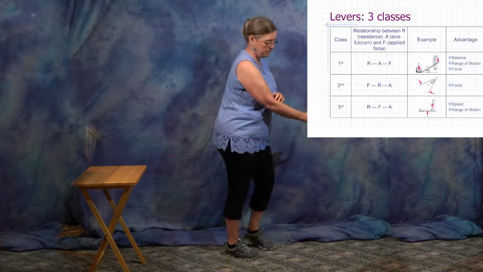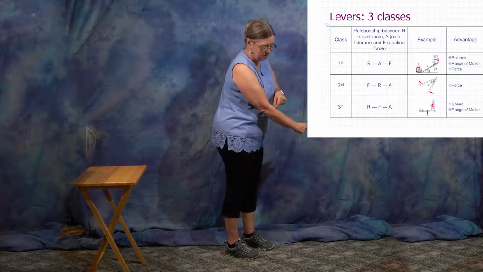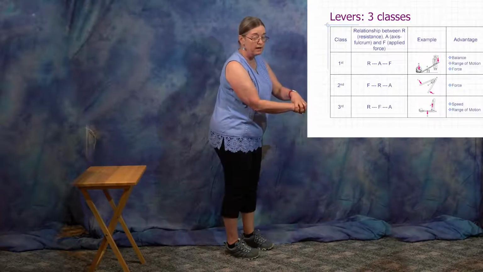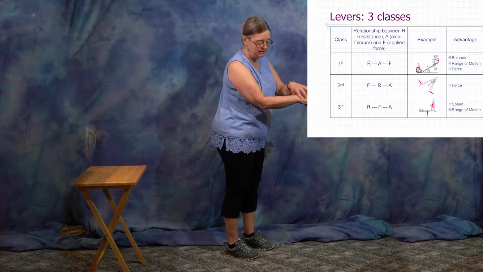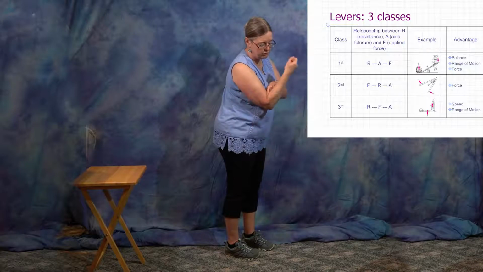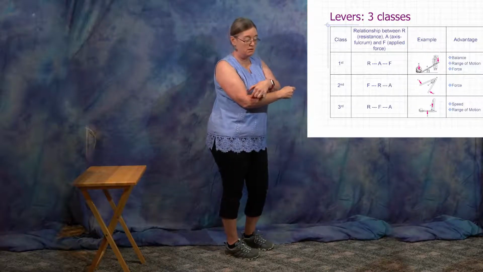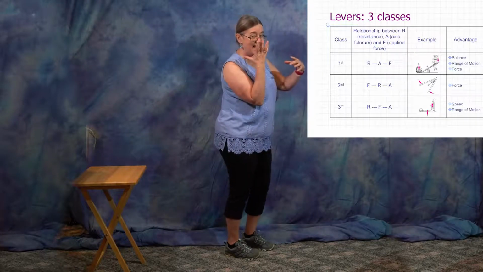So think of here, if this is a force being applied here, and here's my load in my hand, and here's my muscle. You can imagine that for doing this, I don't have to change the length of my muscle as much to get that full range of motion of my hand itself.